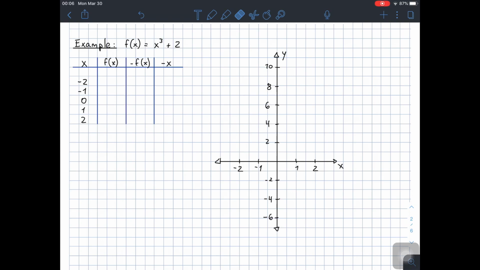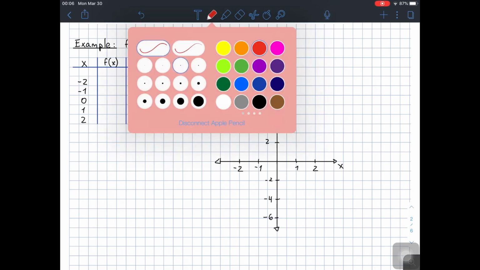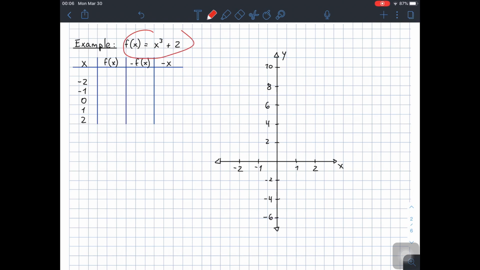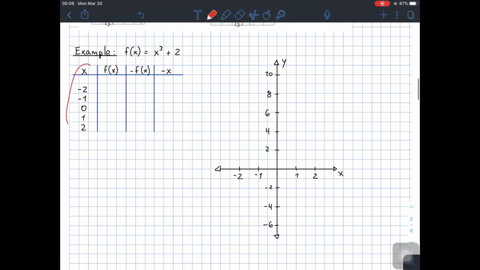It says f of x, the function, is x cubed plus 2. So we're going to apply the different types of transformations given here, and then we're going to see how it should actually look. So first of all, f of x. If I have a table here with the x values, how do I calculate f of x?